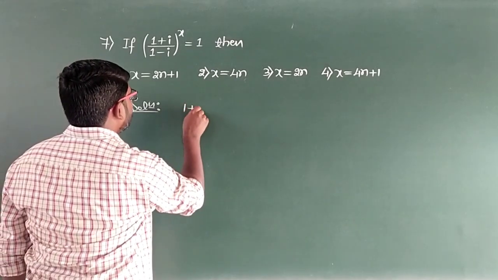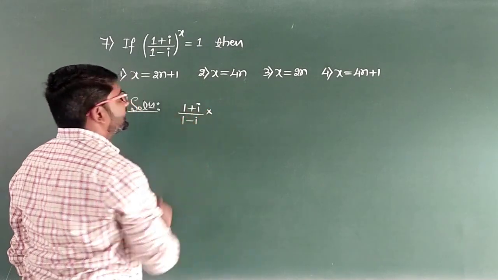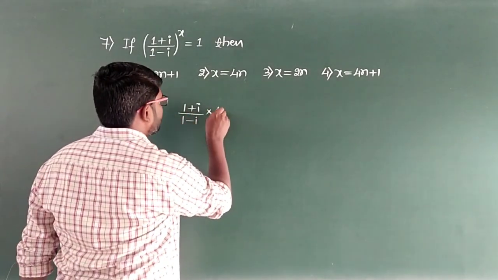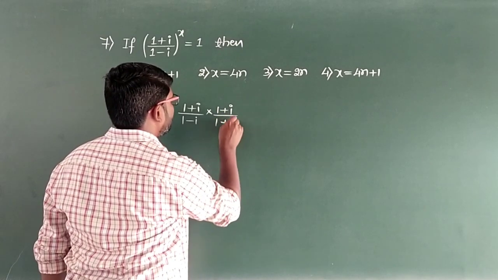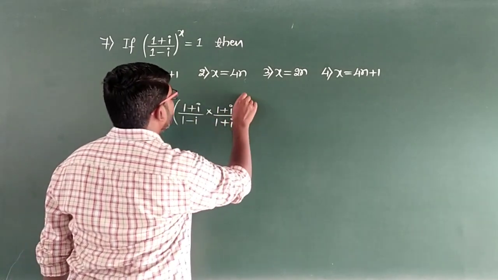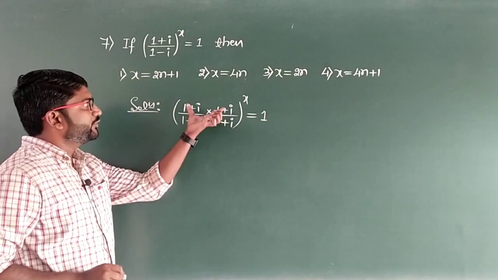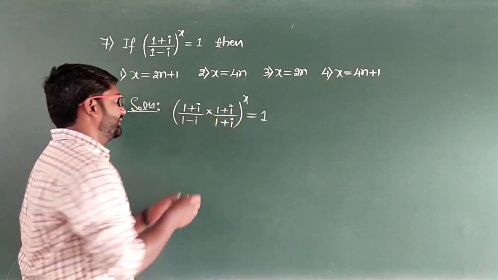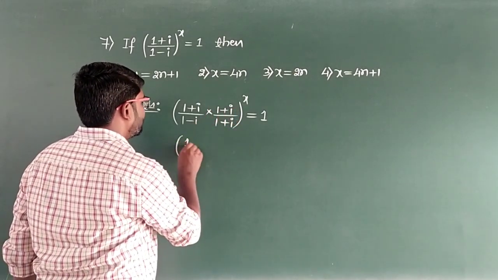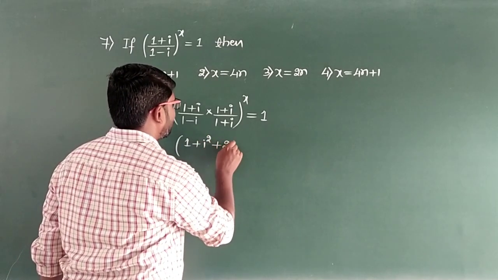1 plus i divided by 1 minus i. So I will go for the rationalization now. 1 plus i divided by 1 plus i, whole to the power x, which is equal to 1. Now the numerator, a plus b into a plus b, will be a plus b the whole square. So we get a square plus b square, that is i square, plus 2ab, it will be 2i.